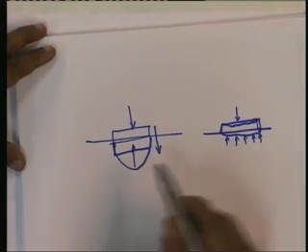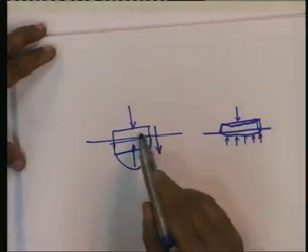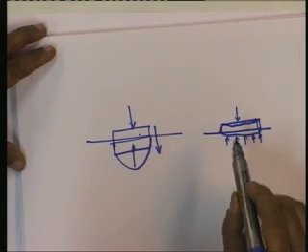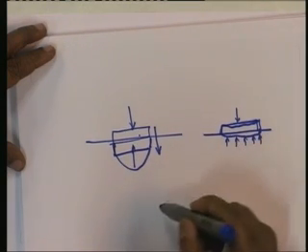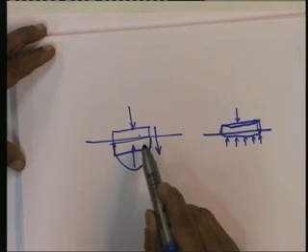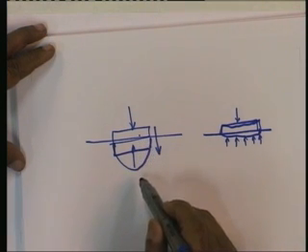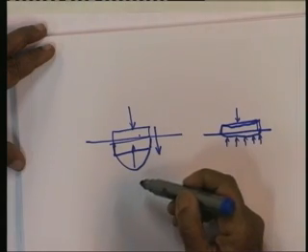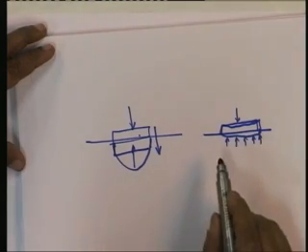Now, this depends not only on simply the rigidity of the foundation, but it depends on the rigidity of the soil as well, because even if the foundation is rigid, if the soil is also rigid, then it is the relative rigidity which controls the pressure distribution.